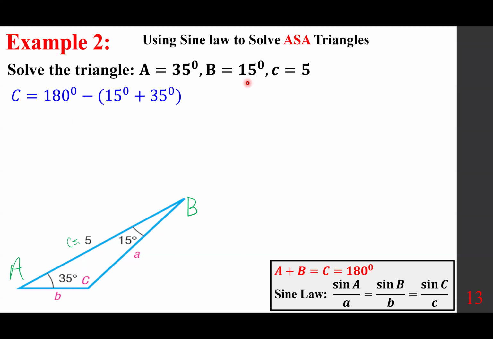That's the fastest and easiest way, right? So they add up to 50, subtract it from 180, and we find the missing angle to be 130 degrees. Okay, so angle C is 130 degrees, everybody.